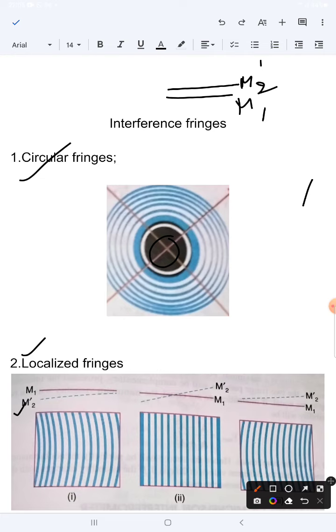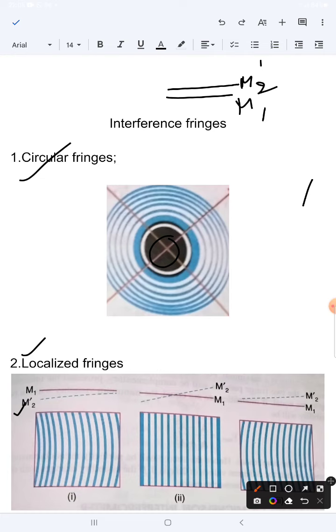The virtual image of M2 is denoted by M2 dash. It may be below the mirror M1 or above the mirror M1, or it can intersect the mirror M1. So depending upon the position of the virtual image of M2, we have three types of fringes.